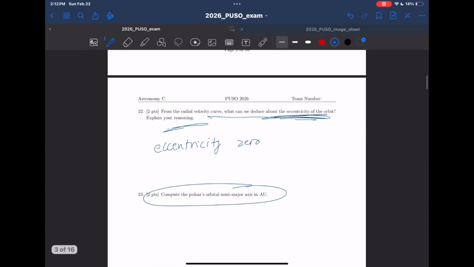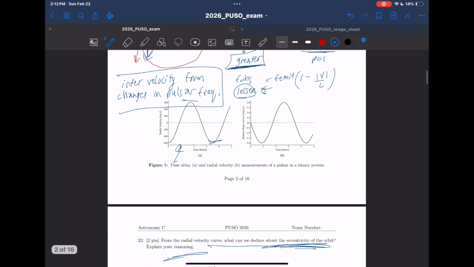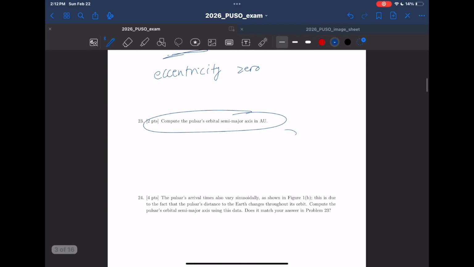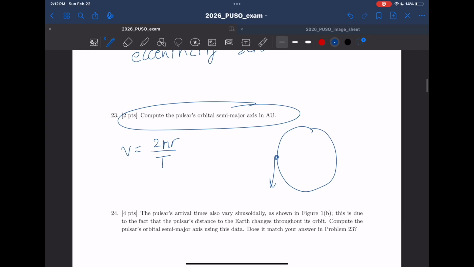What you're going to do here is, the convenient part is that this is a circular orbit. For circular orbits, the velocity is equal to the circumference of the orbit divided by T, right? And the semi-major axis in the circular case is just the radius of the circular orbit. So r is equal to vT divided by 2 pi.